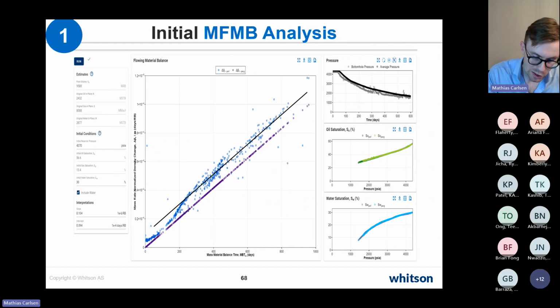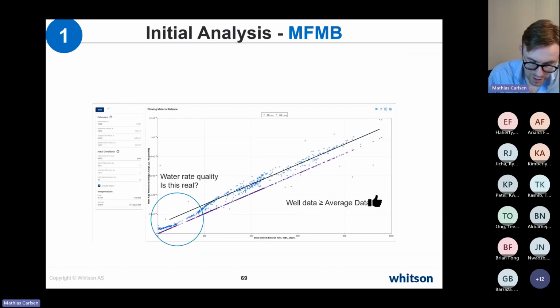The interpretation of the slope is seen here. This is the black line on top of the blue points. And then you need to make a few checks. The first check is: is all the blue data above the purple data? And that checks out well. That looks good. There's some early time water quality data that might be bogus.